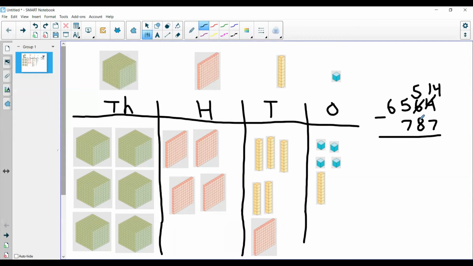Okay. So in my hundreds, I no longer have 500s. I only have 400s. And that 100 that I took was regrouped to make 10 tens. So now I don't have 5 tens. I have 15 tens.